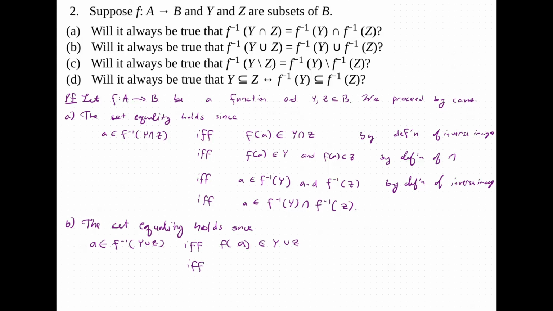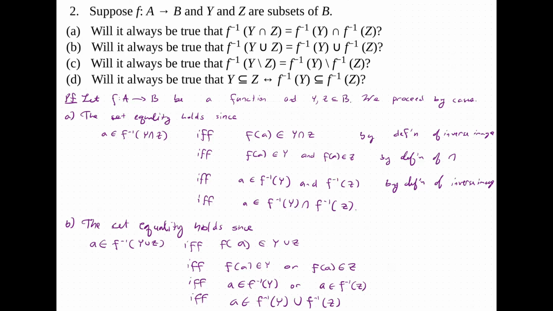Then we have f of A is in y, or f of A is in z by definition of union. And next, by definition of inverse image, we have A is in the inverse image of y, or A is in the inverse image of z. And finally, we have A is in the inverse image of y union inverse image of z. And so we got our statement in this case.